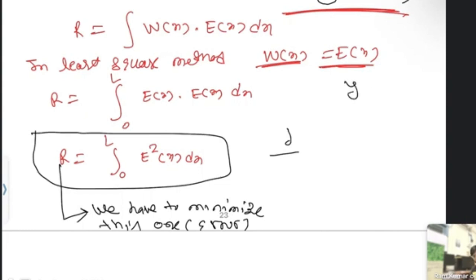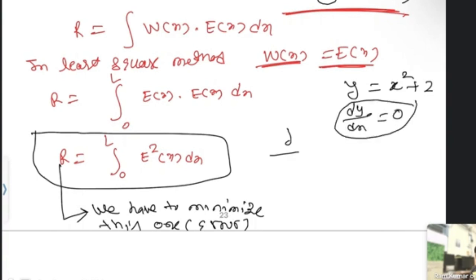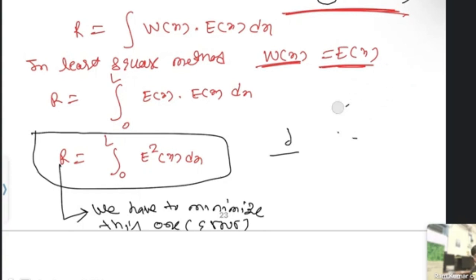For example, if y equals x² plus 2, and I want to find the maximum or minimum, we take dy/dx and put it equal to 0. Right? Yes, sir. So now we differentiate this error and put it equal to 0. Here we want to minimize, so we put ∂/∂ai of the integral of E² dx equal to 0.